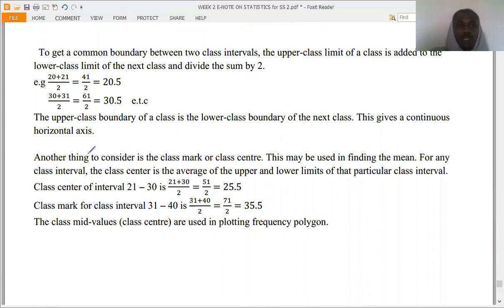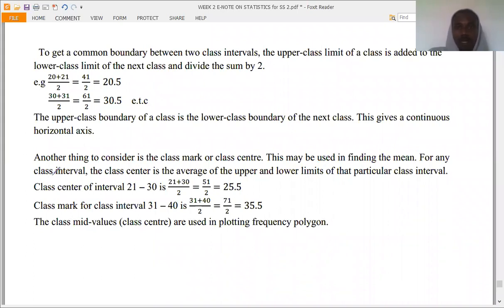Another thing to consider is the class mark or class center. This may be used in finding the mean.